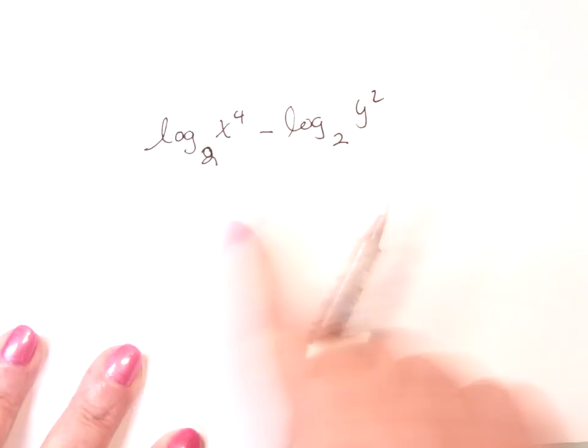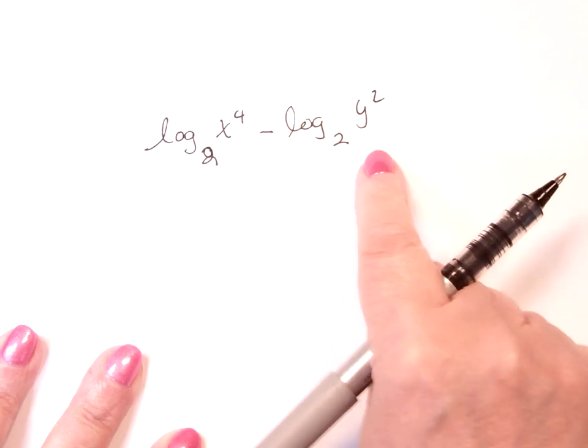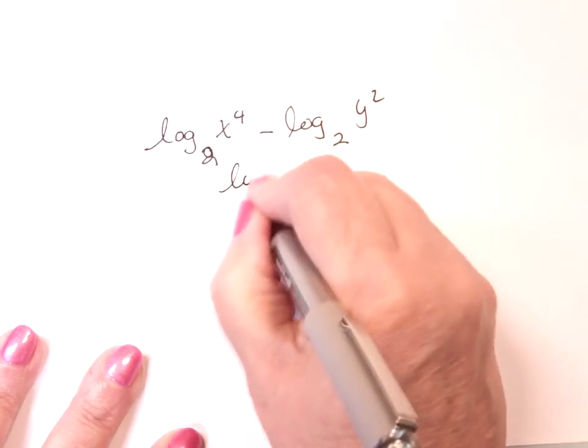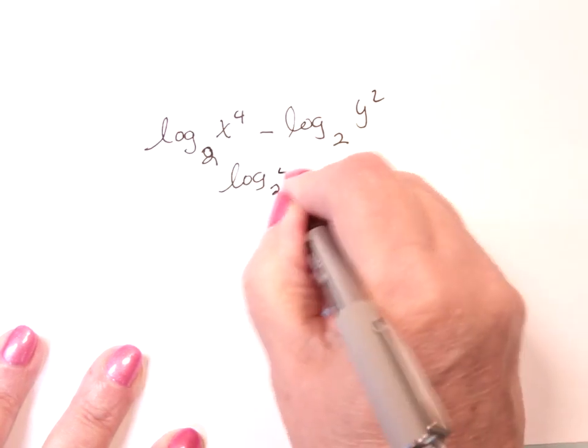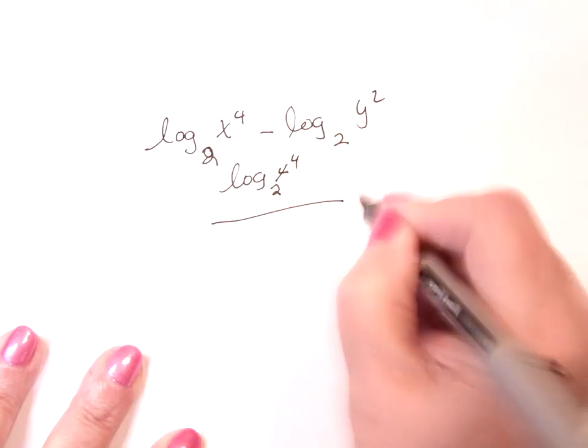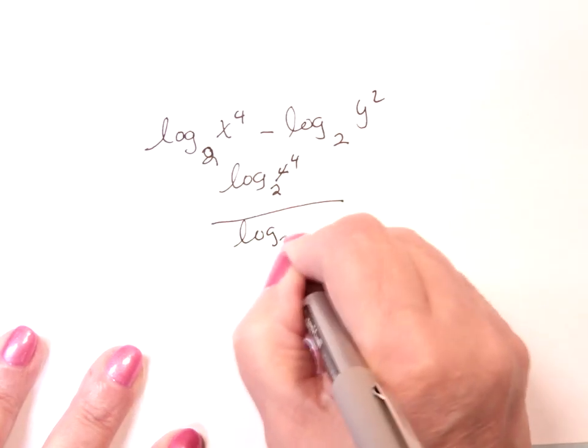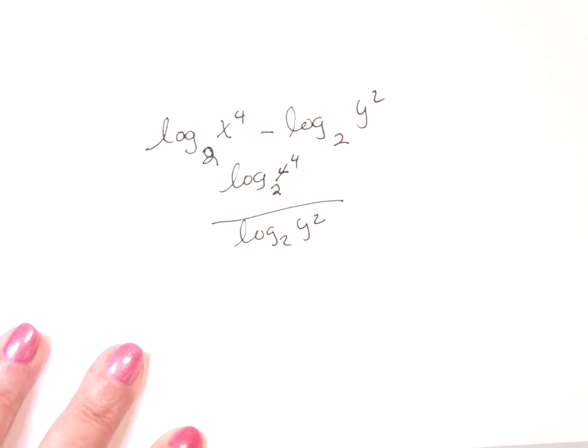And what they would do is say, oh, a subtraction turns into a division, so I write it this way, log base 2 of x to the 4th divided by log base 2 of y squared, because in their mind a subtraction turns into a division, and then you divide the two logs.